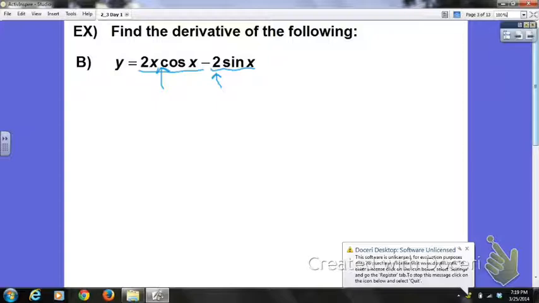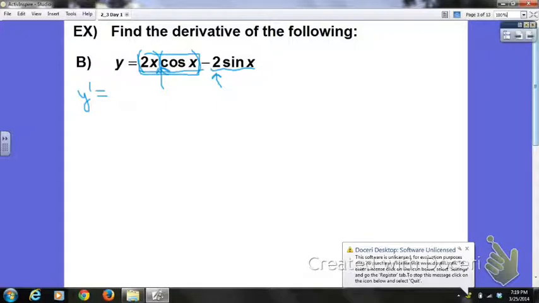So we don't have to apply the product rule there, but for here we must. So let's go about and do the problem applying our product rule. So y prime equals the first, this would be our first function, this would be our second function when applying the product rule.